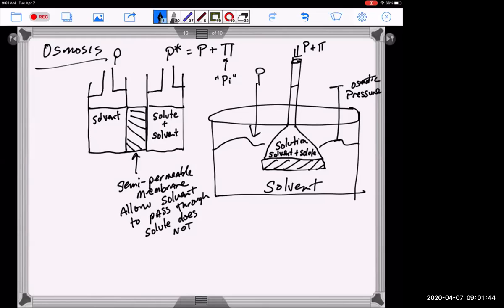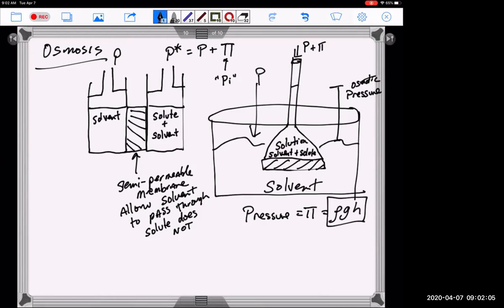They're not equal because there's some additional pressure inside, right? This is due to this osmotic pressure. And that's the phenomenon that we're going to look at. And this osmotic pressure, pi, in this experiment, would be rho g h, right?